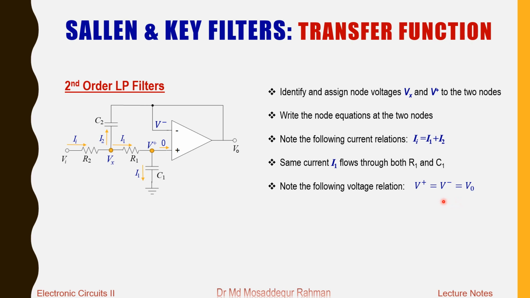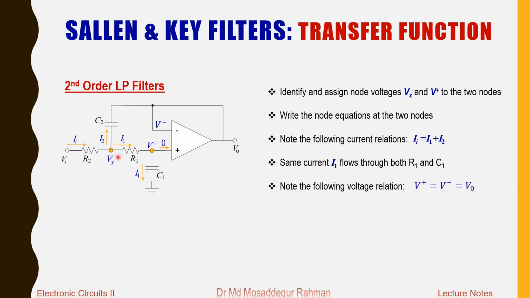That means the voltage at the non-inverting input terminal is the same as the output voltage V naught. So once you have written the node equations, you can replace V plus by V naught. This is how we can get rid of the voltage V plus, and you will have V naught in the equation.